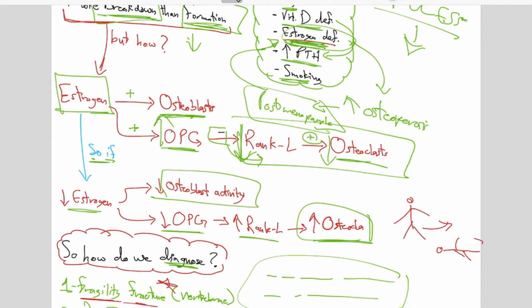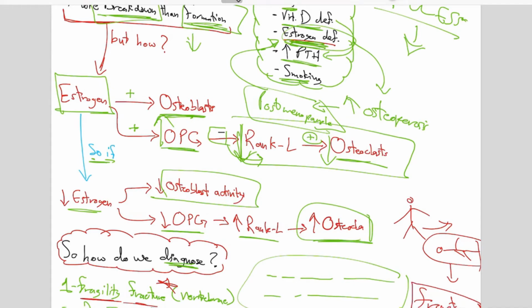Usually, if it's not a really strong fall, it wouldn't fracture you, right? It's just a slip. Everyone slips all the time. But people with osteoporosis actually get fractures from such common slips. They slip and they just get a fracture. So this is a huge hint to osteoporosis.